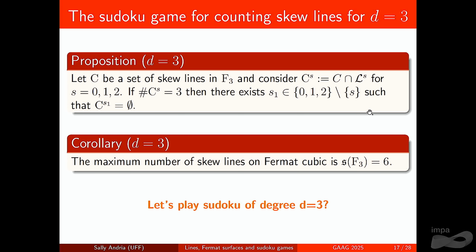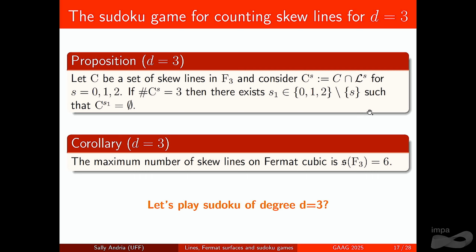So let's do the case d equal 3, because it's simpler, because we don't need so much time to make bigger tables, okay? So for degree 3, we solve this. Let C be the set of skew lines in F3, and consider CS the intersection of C and LS for each subset of the stratification.